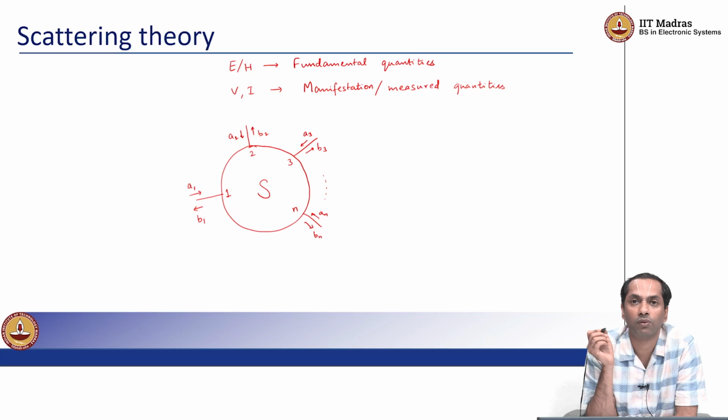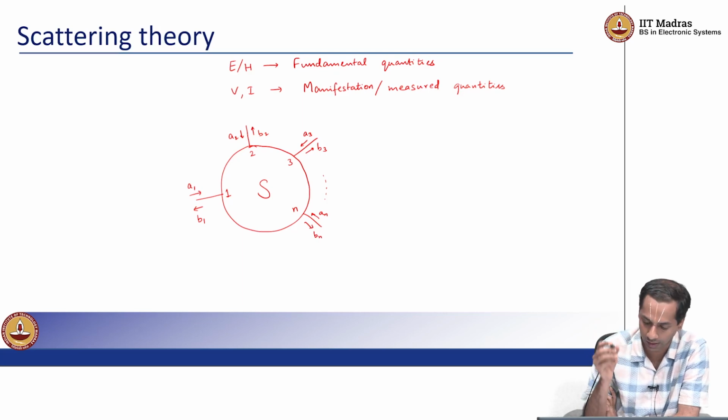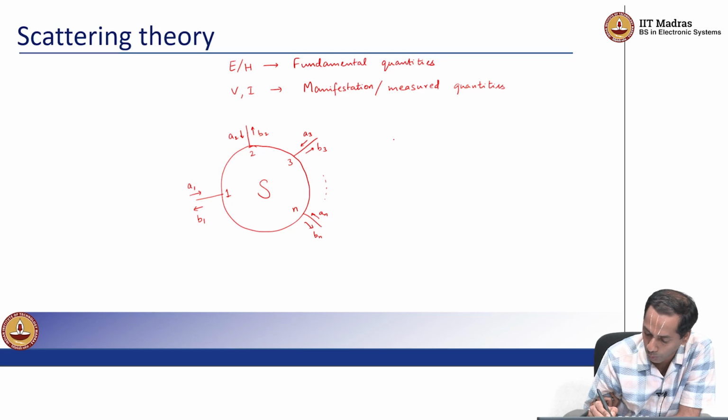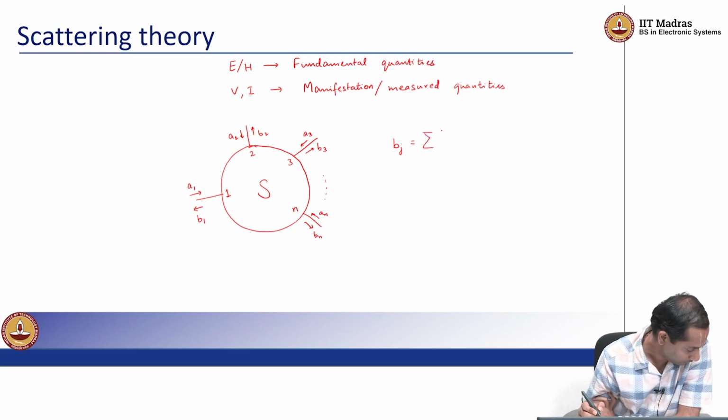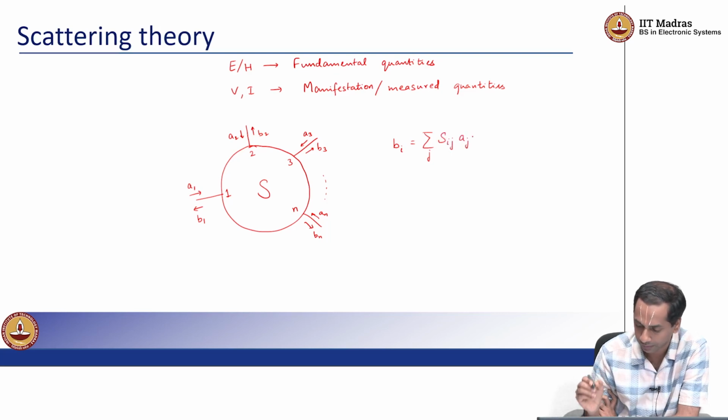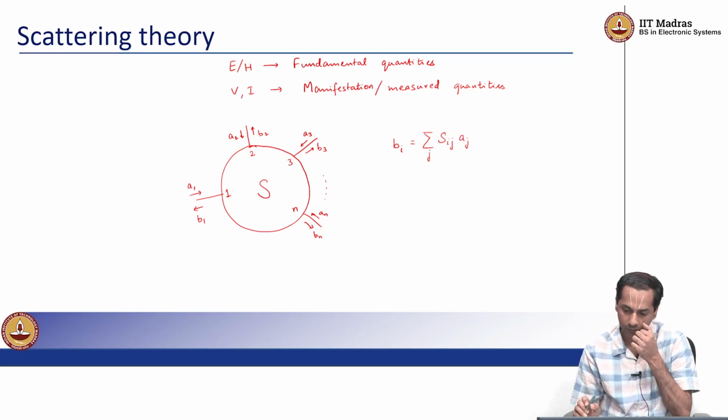And if I am accounting for all the inputs and outputs perfectly, right, and there's no loss, I can actually say that the output coming from any particular port I is essentially the summation, let's call this port J running through, Sij Aj, okay.